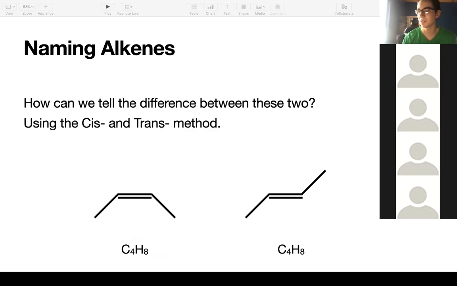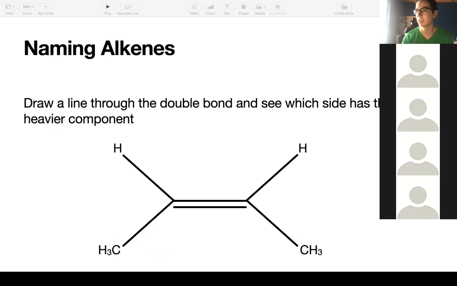Hopefully you're a little familiar with it, but this should clear it up if there's any confusion. This one I drew in the hydrogens, but there are no hydrogens drawn in on the left, but it's the same thing.